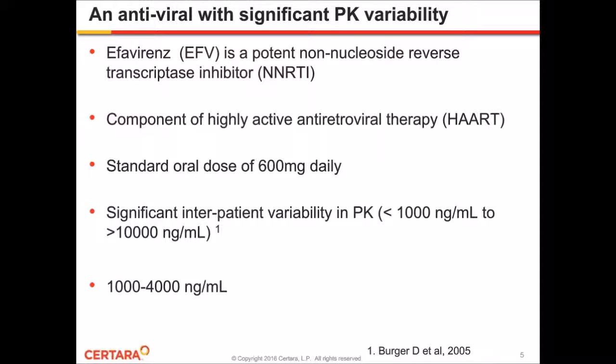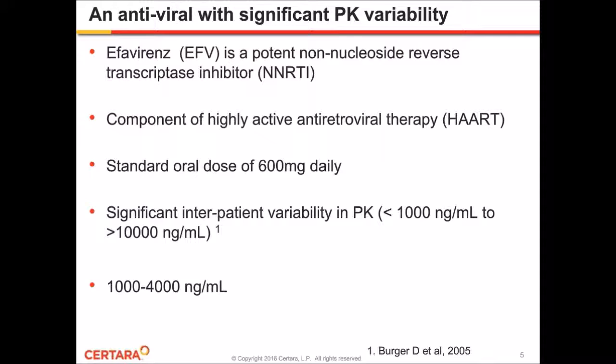A standard dose of 600 milligrams daily of Efavirenz is normally prescribed. However, this is one of those drugs that displays very high inter-subject variability. This inter-subject variability in pharmacokinetics has been well studied, and as an example, Berger and co-workers looked at a cohort of about 250 patients on the standard dose of 600 milligrams of Efavirenz.